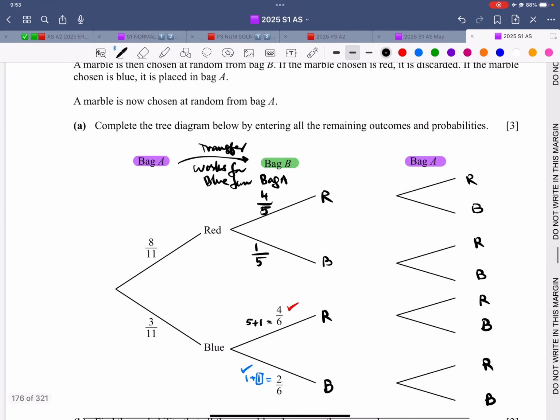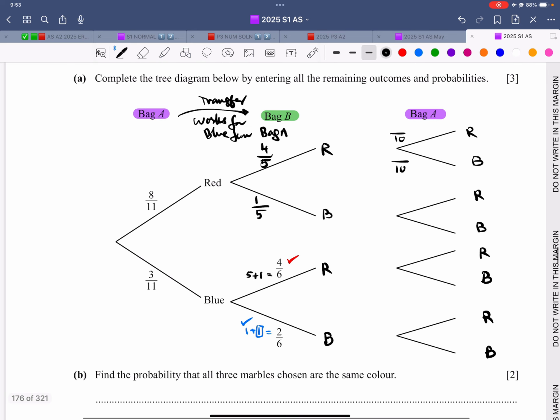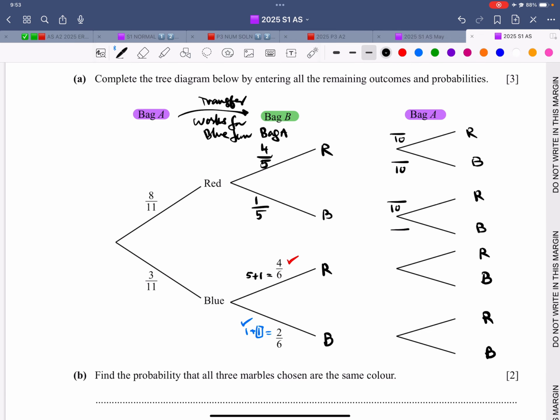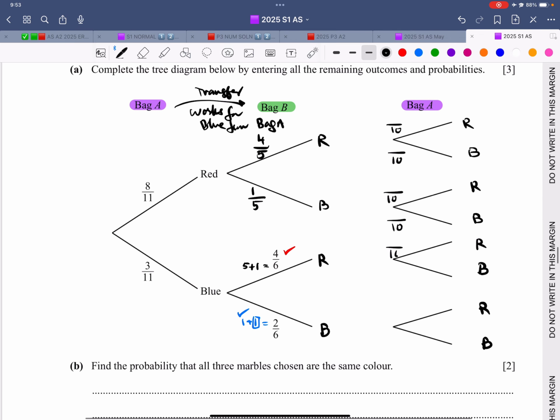So now bag A, originally there were 8 over 11 and 3 over 11. First of all, let me just write the denominator, that is 10, that is 10. Right now this is 10, this is 10, because the original number of marbles was reduced. Now in which case will this 10 become 11? Let's have a look.